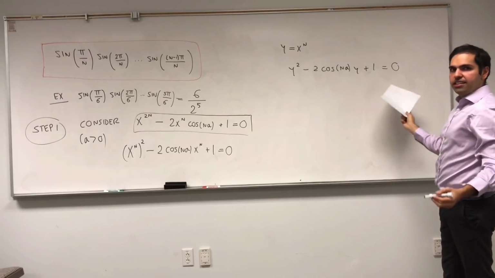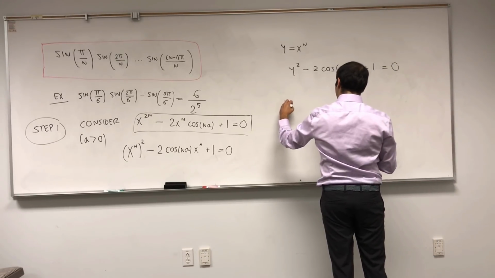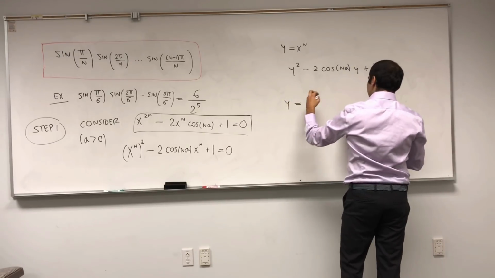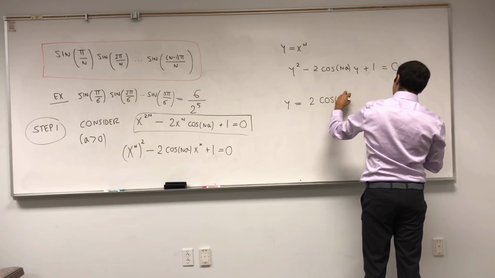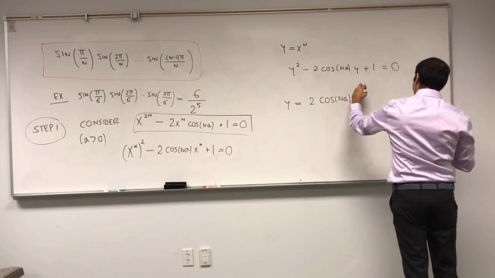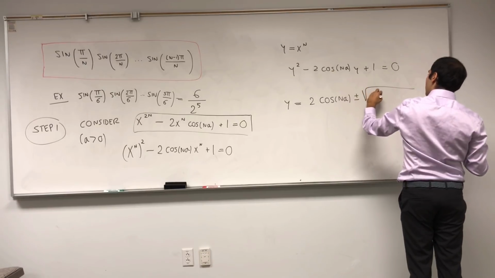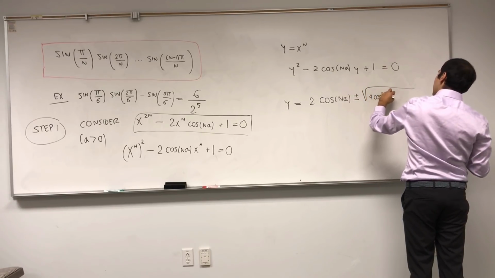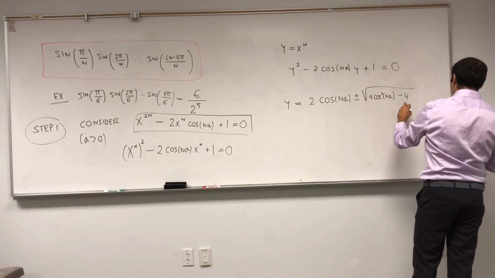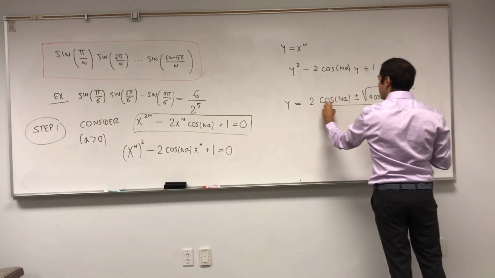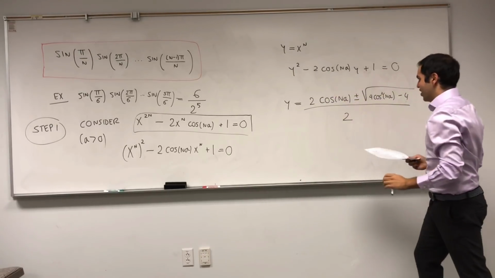So this is a second degree equation. Let's solve it with the quadratic formula. So y equals 2 cosine of na plus or minus the square root of this squared, so 4 cosine squared na minus 4ac, so minus 4, over 2a, 2 times this coefficient, which is 1.